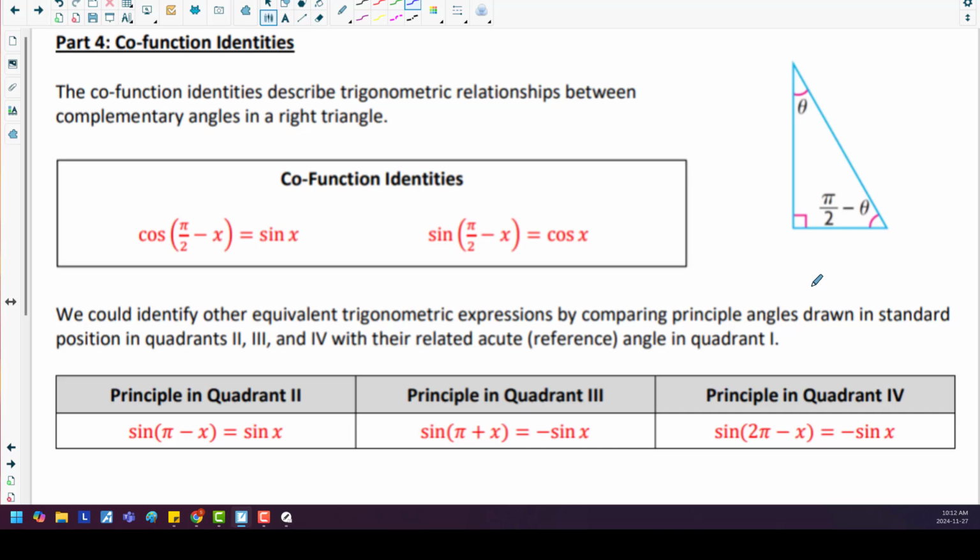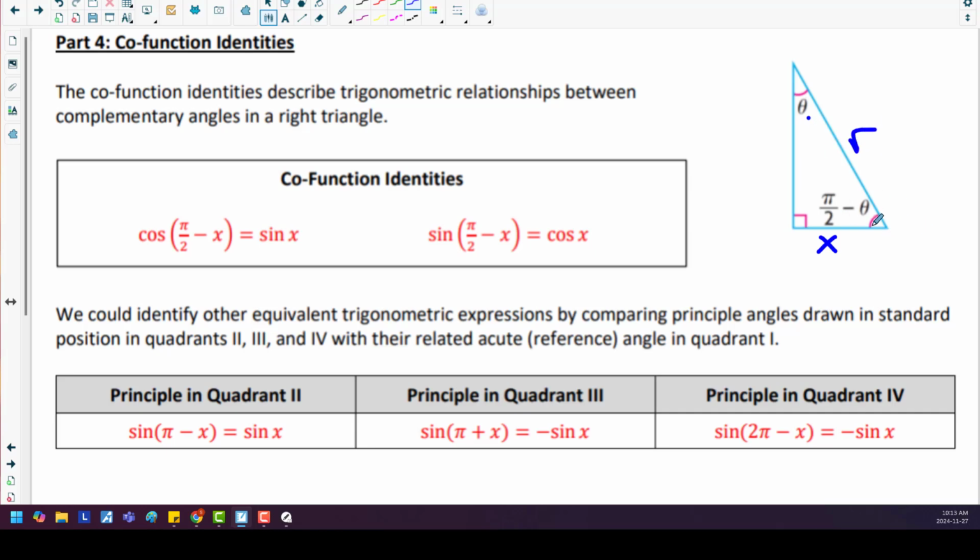What does that mean? Well, if I have a right angle triangle and my angle is, say, theta and then 90 minus theta, because these two angles have to add up to 90. So if one is something, then the other is 90 minus that amount. If I were to take sine of theta, that would be opposite over hypotenuse.